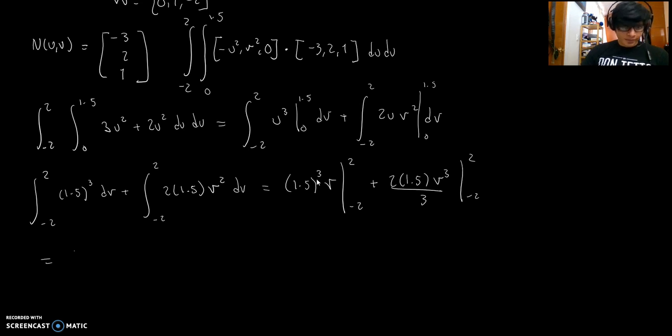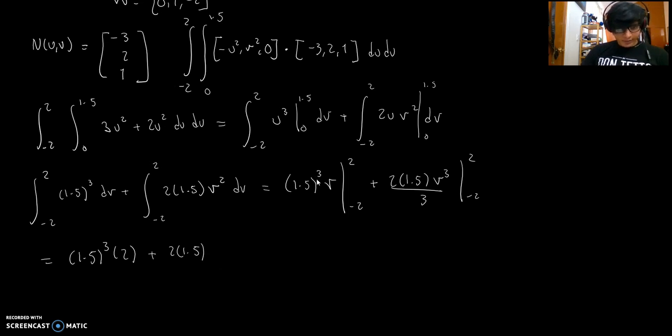This will be equal to 1.5 cubed times 2 plus 2 times 1.5 v cubed over 3. Sorry, this is not v cubed.